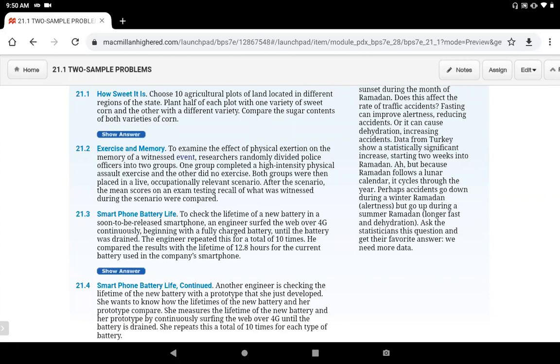We split the humans up. And the same thing with the batteries on the smartphones for number 4. We had phones, but we didn't do both treatments to each phone. We did separate treatments for separate phones. Hopefully that makes some sense.